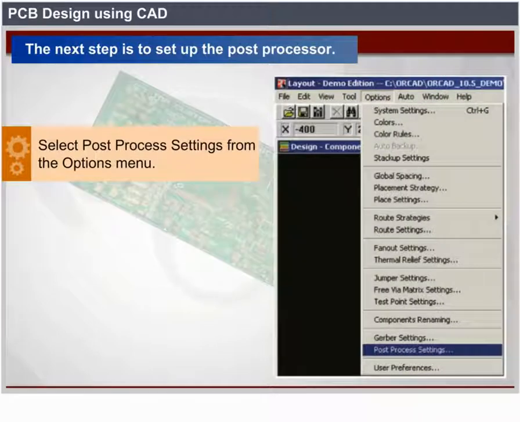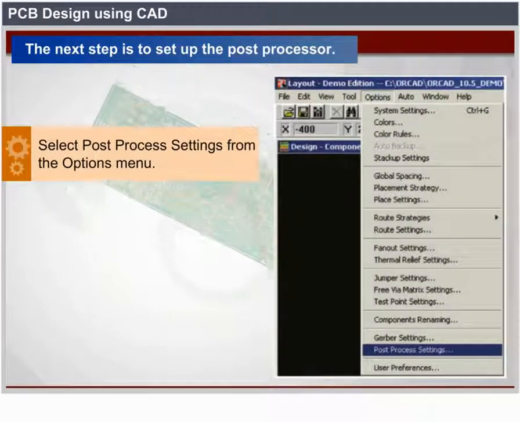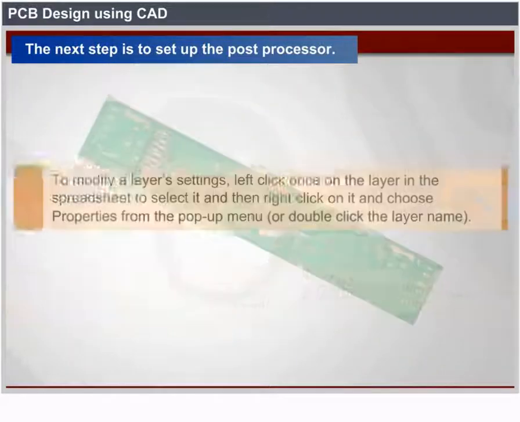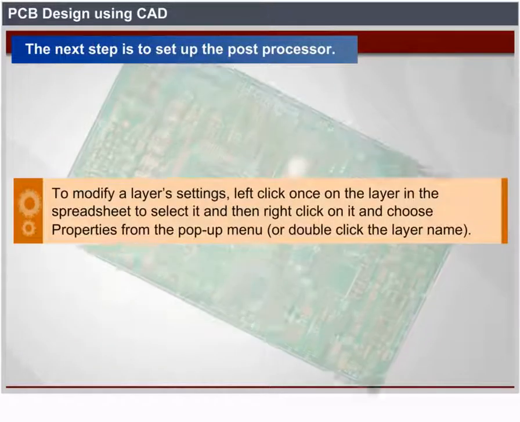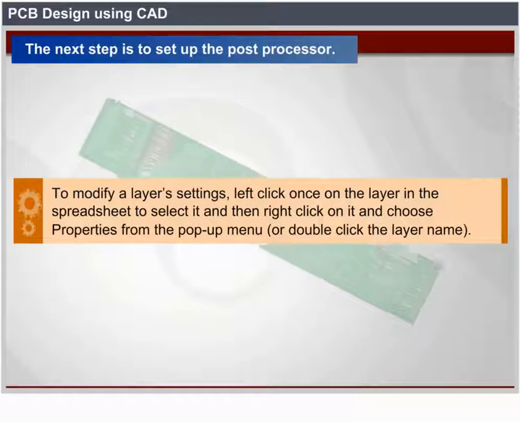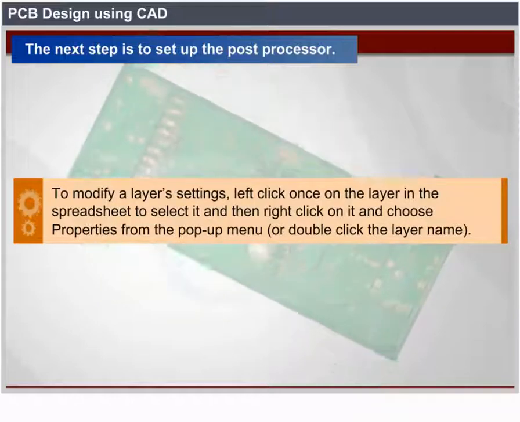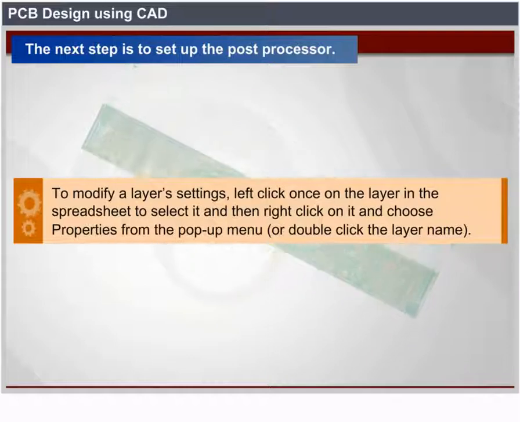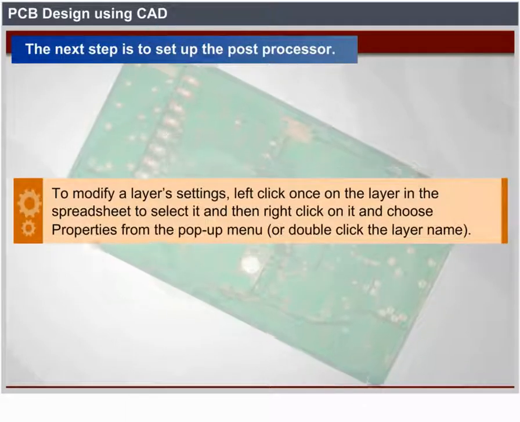The next step is to set up the post-processor. Select Post-Process Settings from the Options menu. A post-process spreadsheet will pop up. You can use the spreadsheet to enable specific layers and define the Gerber file format. To modify a layer's settings, left-click once on the layer in the spreadsheet to select it and then right-click on it and choose Properties from the pop-up menu or double-click the layer name.